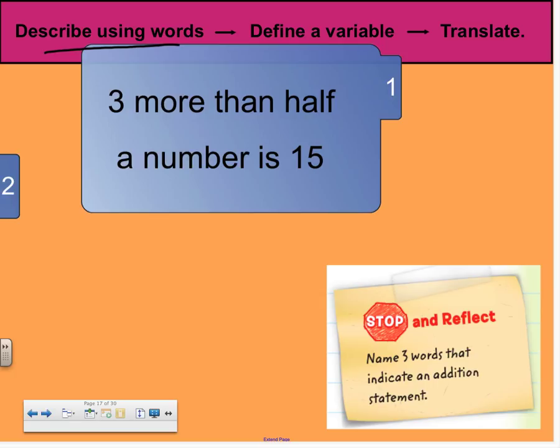Who thinks they have an answer for 3 more than half a number is 15? Morgan, what do you think? 3 plus 1/2 n equals 15. Thumbs up or down. Do we agree or disagree, or don't know is sideways? Very good, Morgan. That is correct.